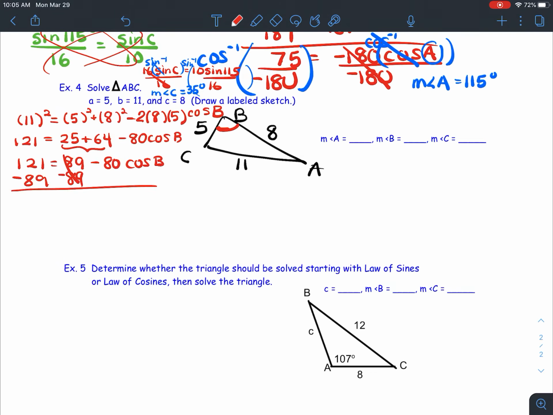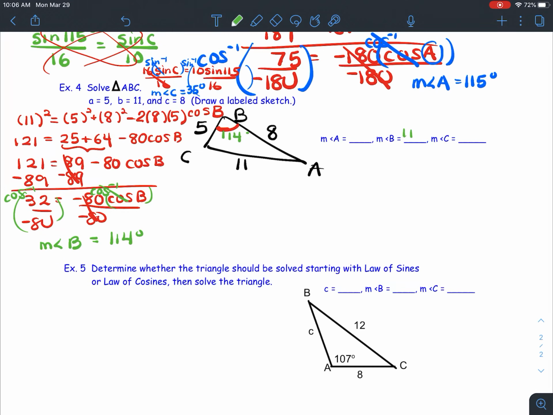Okay, this gives us 32. And now we're going to divide by negative 80. Then we would finish this off by doing the inverse cosine of the fraction 32 over negative 80. This gives you the measurement of angle B to be 114 degrees.